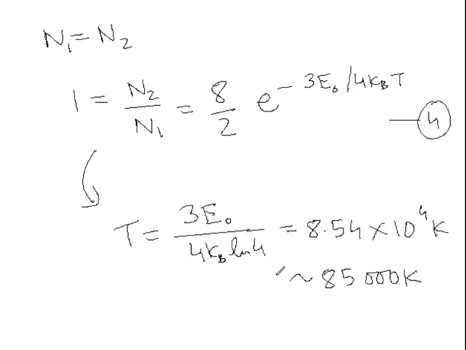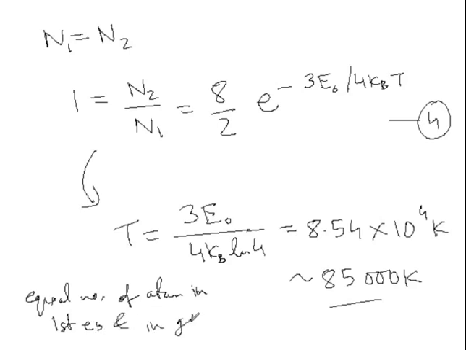Therefore, at about this temperature, 85,000 Kelvin, there should be roughly equal numbers of atoms in the first excited state and in the ground state. Now let us compare with the observations.